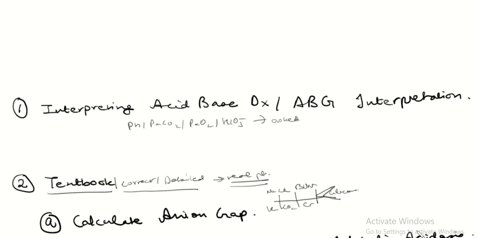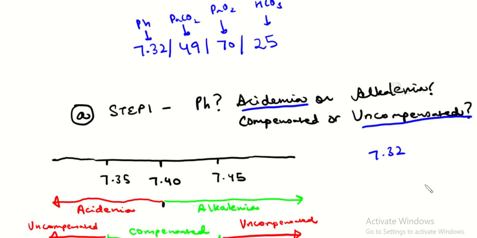Now, let's do some sample questions. And before you know it, you'll be experts. This is your ABG: 7.32, 49, 70, 25. pH is 7.32. PaCO2 is 49. PaO2 is 70. Bicarb is 25. So what's the pH? Let's apply the steps. 7.32.